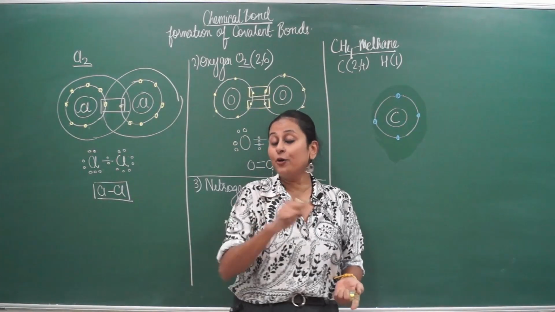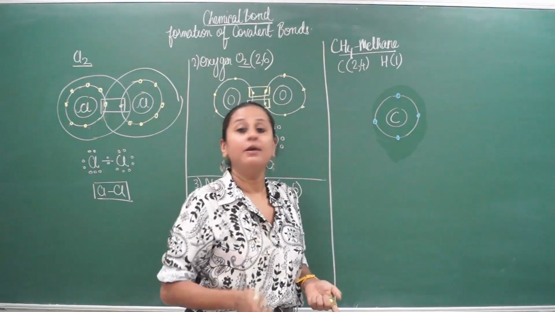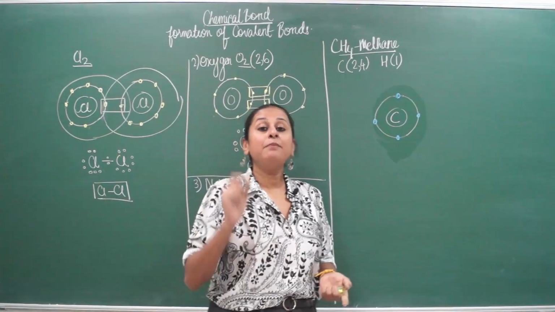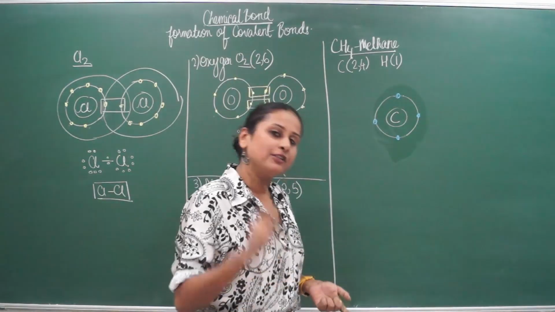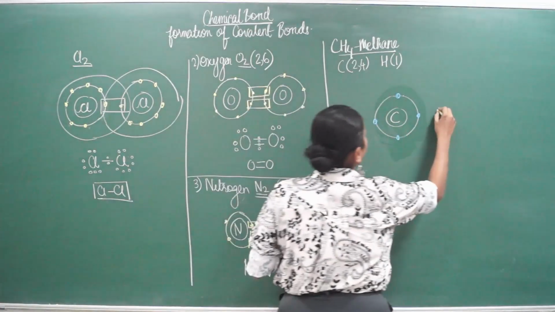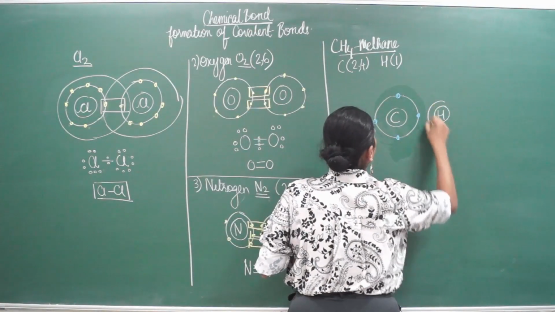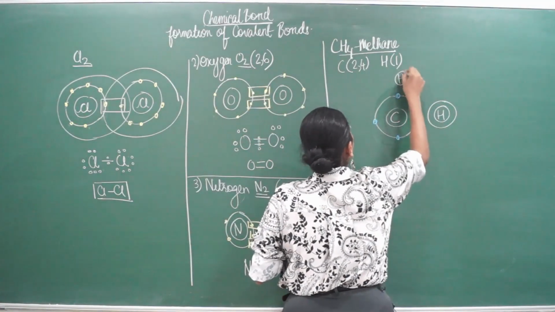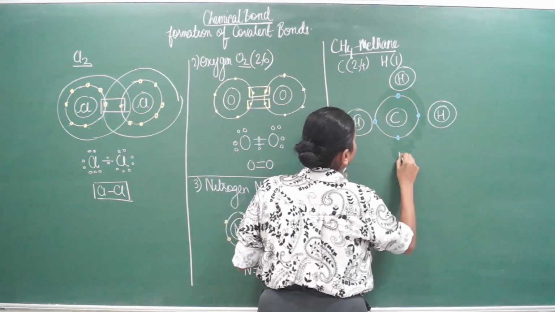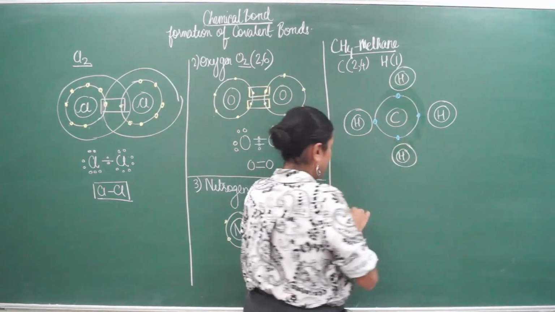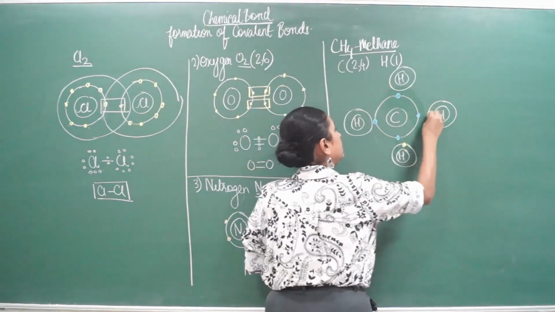Duplet state. I hope you remember hydrogen and helium are an exception. They can be stable by duplet state. That means by 2 electrons in its last shell. So coming to my hydrogen, hydrogen has 1 electron each.